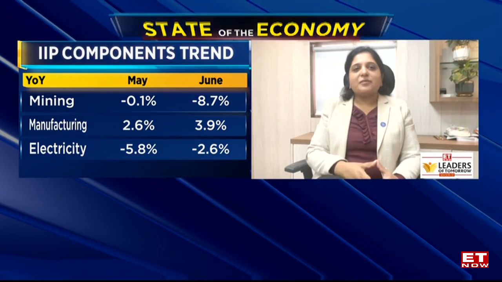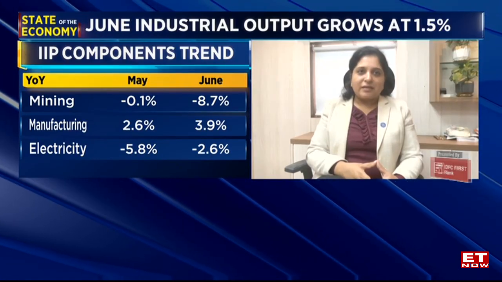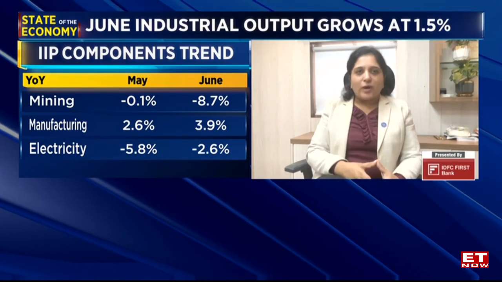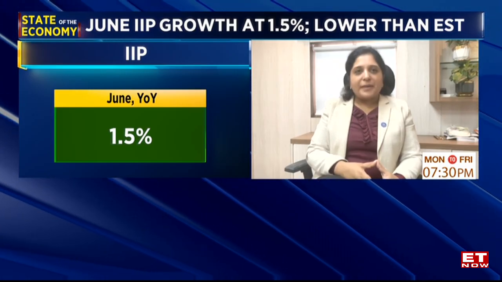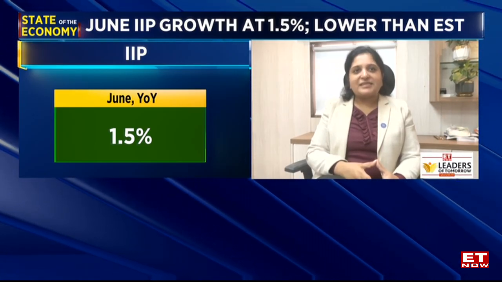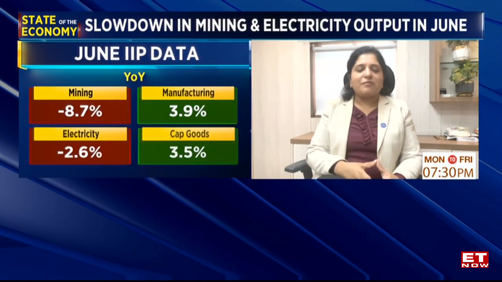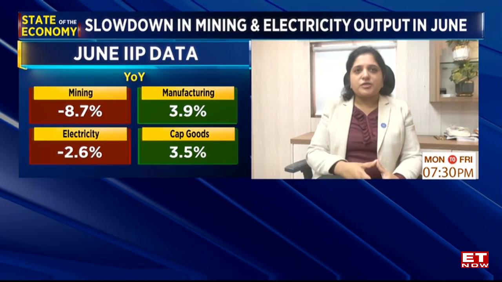And after giving a steroid dose in the June policy, with one part of that dose in the form of CRR cuts impending in September, as of now, better to wait and watch, maintain status quo, though we do not deny that there is possibility of some space opening up, maybe in the second half of the year, if inflation remains well behaved on favorable monsoon.